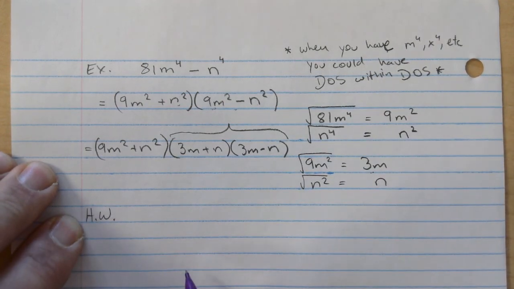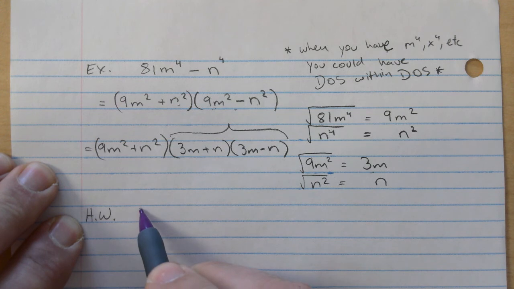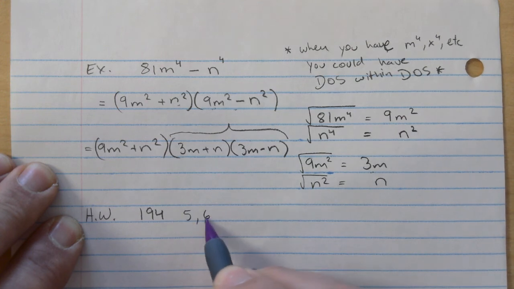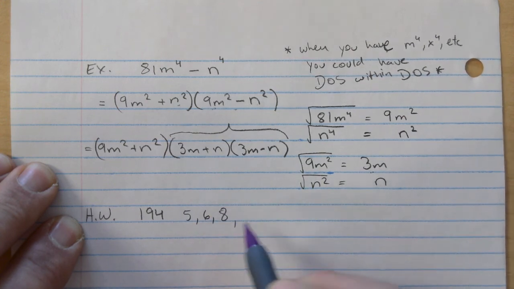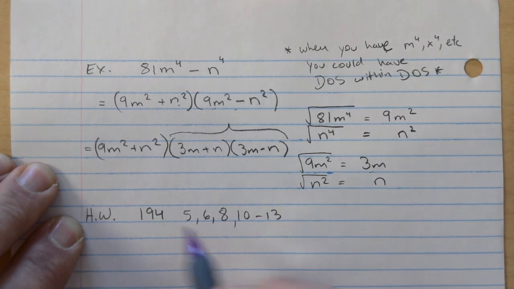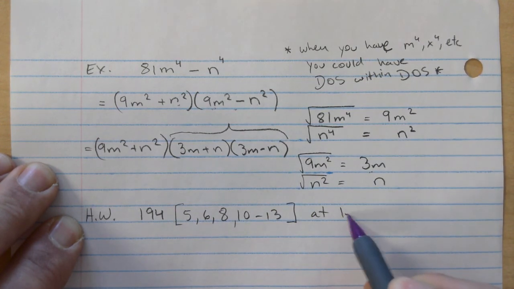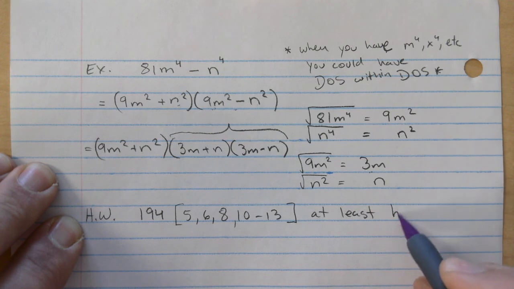Homework questions that go with this. Now I'm basically going to take you back to 194, and you may have done some of these already. I will tell you to do at least half of these.